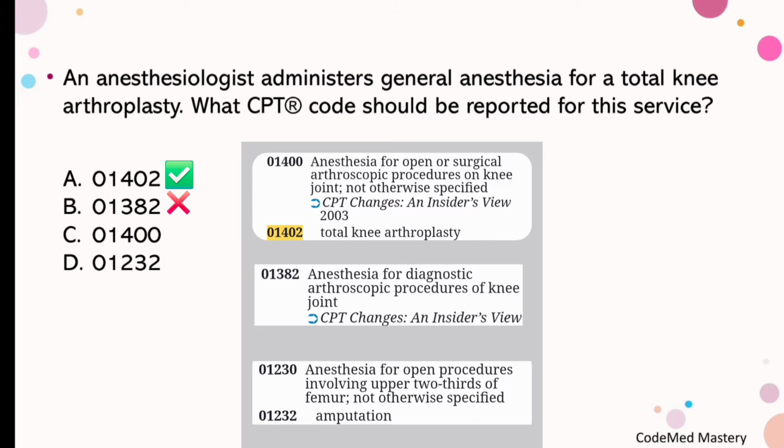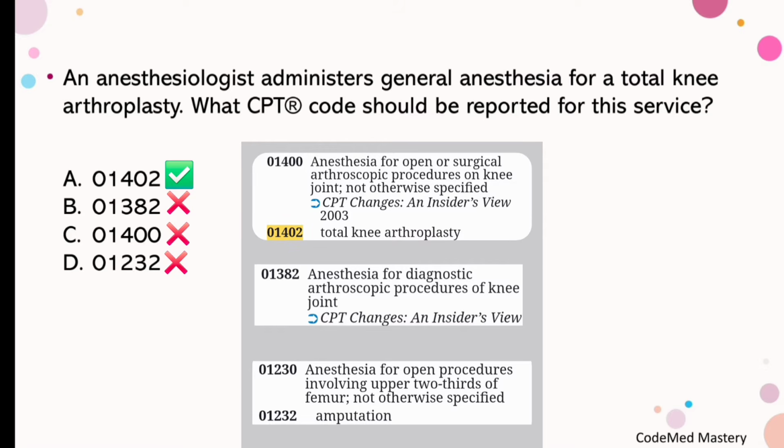But in the question they have mentioned total knee arthroplasty. Therefore, we are coding 01402. Option D 01232 is wrong because it is for anesthesia for open procedures involving upper 2/3 of femur amputation. In the question, amputation is not given. Therefore, option D is also wrong.